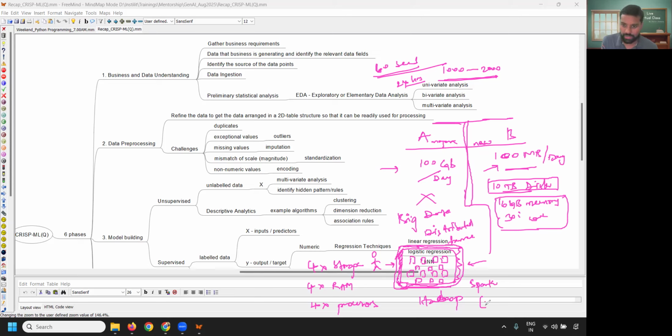We use a Python library to deal with Spark. That library is called PySpark, which allows us to process the data. But this data, which is actually given, is distributed onto multiple systems. So what happens is this data is partitioned like this, and then each partition is stored in one single machine.